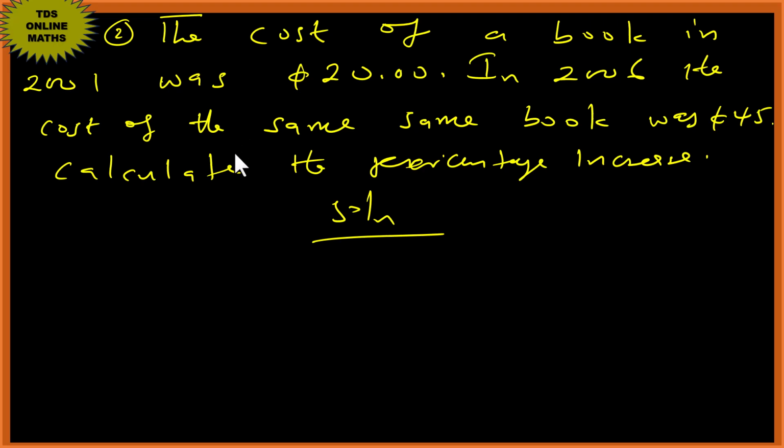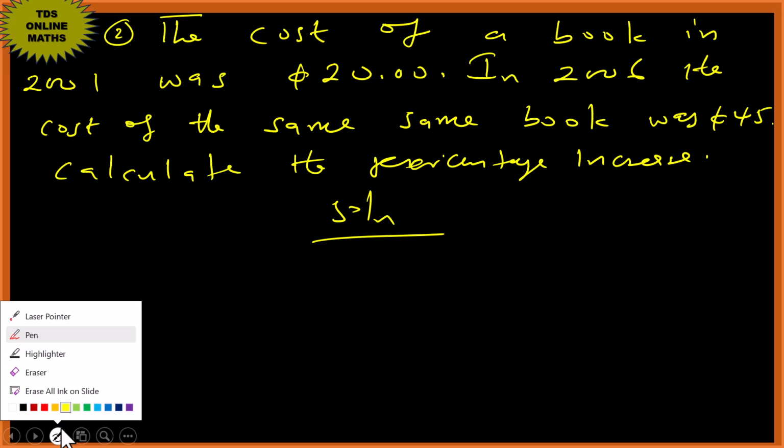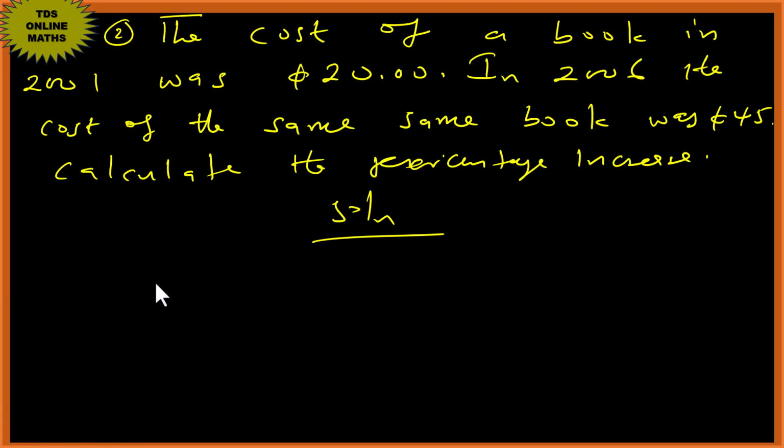Example 2. The cost of a book in 2001 was 20 cedis. In 2006, the cost of the same book was 45 cedis.